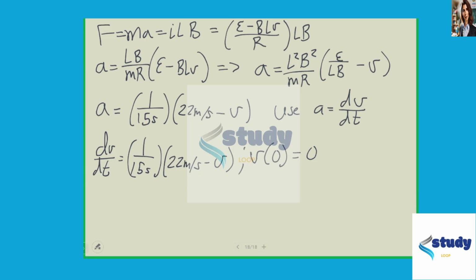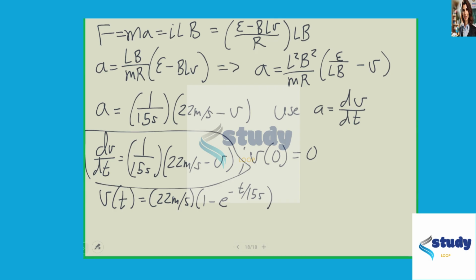It's a linear equation, so you can just sort of look up the solution. But to save the work of doing that kind of algebra, I'll just simply tell you the answer. It's going to be 22 meters per second times 1 minus e to the negative t over 15 seconds. So there's the formula for the velocity as a function of time. Again, that comes from just solving this differential equation, which can be done by separation of variables or something else.